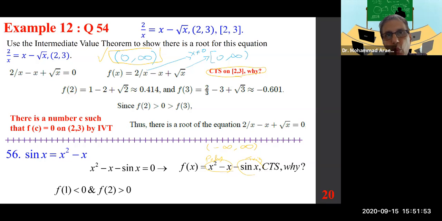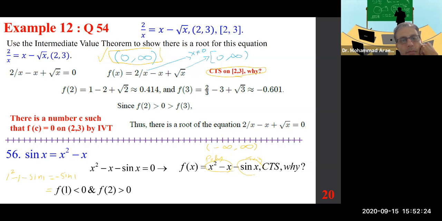By the way, I want to make sure everybody understands that when we say 1, it is 1 radian. f of 1 means 1 squared minus 1 minus sine 1, and it's equal to minus sine 1. I hope everybody understands 1 is 1 radian. 1 radian is about 57 degrees, and sine is positive in the first quadrant. With the negative, this becomes negative.